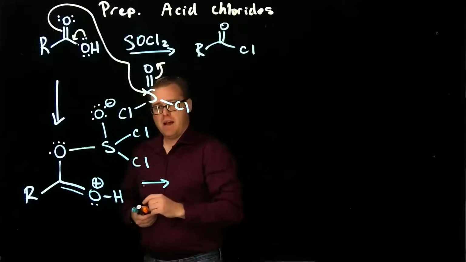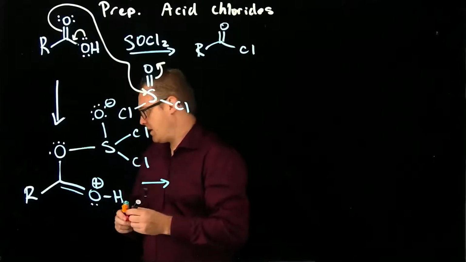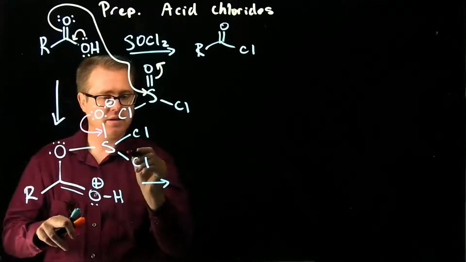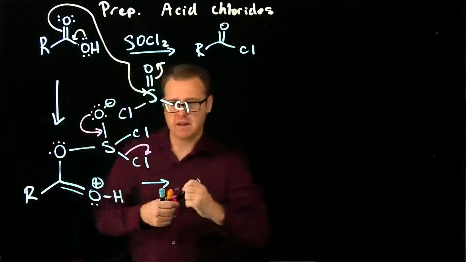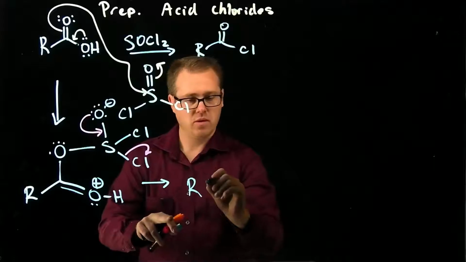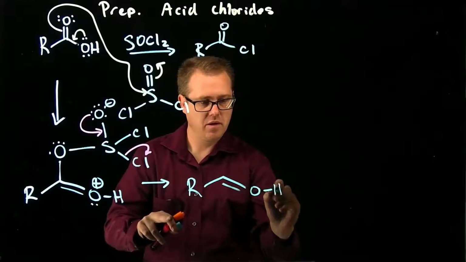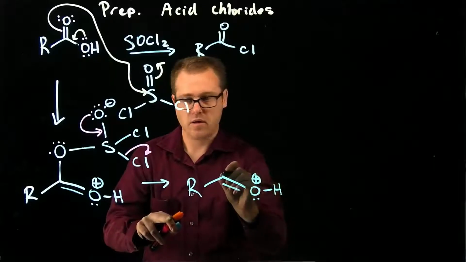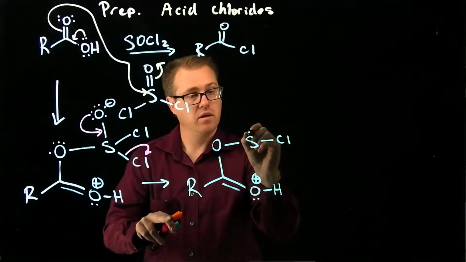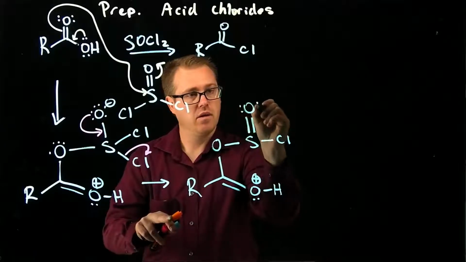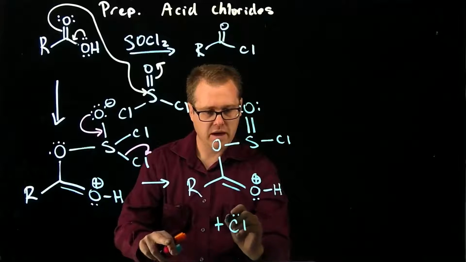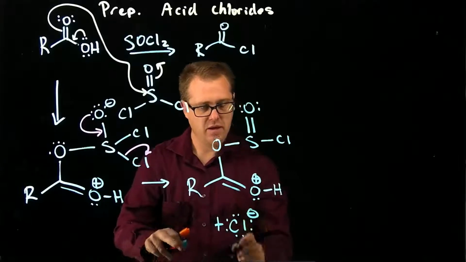So the next step is going to take this and collapse it down, and then that's going to kick off a chlorine atom, like that, plus our chloride, like so.